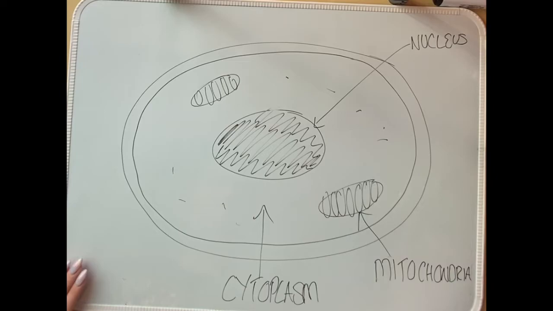Our equation for respiration is oxygen plus glucose, our reactants, produce carbon dioxide and water, our products. The one phrase you will never forget is that the mitochondria are the powerhouse of the cell. This is because they produce energy.